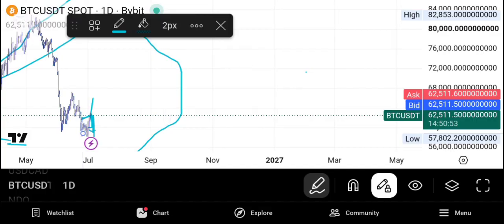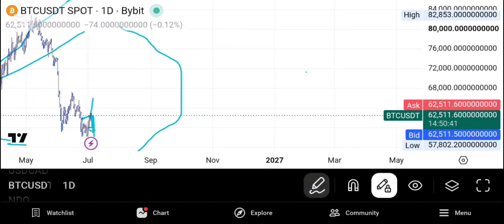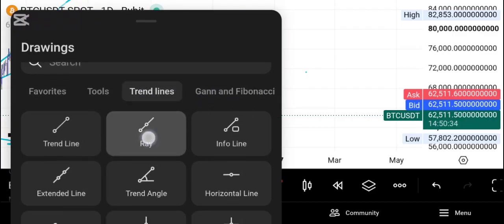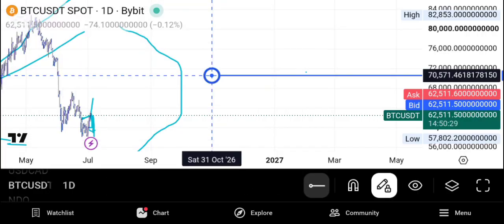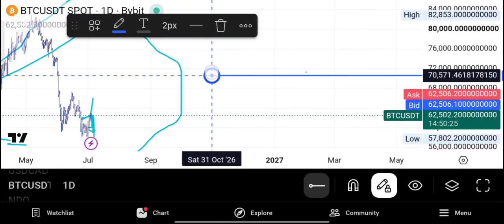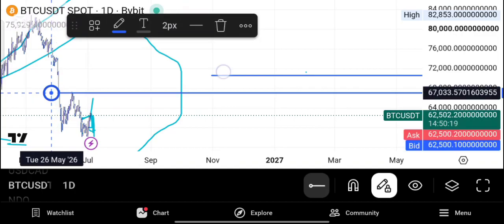But how are we going to know that this is actually ready to buy if it did not come down and break structure to the downside, as I've explained? What we want to see is a break of structure.